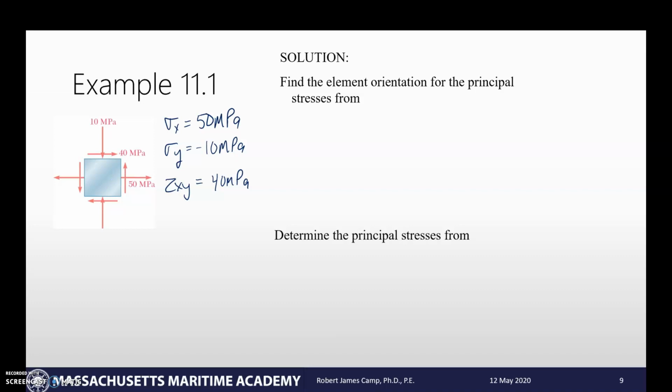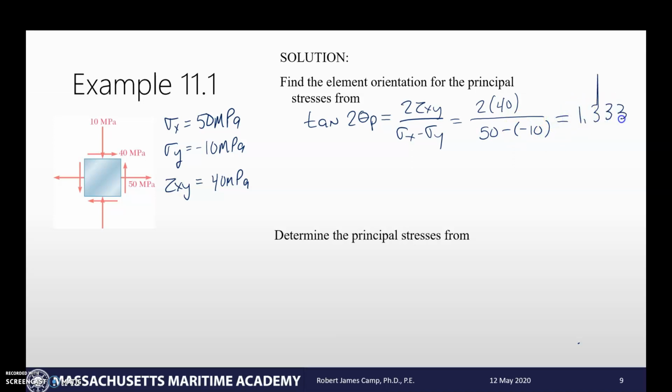So the first thing to do is we calculate, okay, well, got an equation, tangent 2 theta principal is equal to 2 tau xy over sigma x minus sigma y. And so all this is going to be 2 times 40 megapascal. I'm going to be leaving the units out of this just because they're all megapascal and I know the units are going to cancel. So 50 megapascal minus negative 10 megapascal, and that's going to give me 1.333.